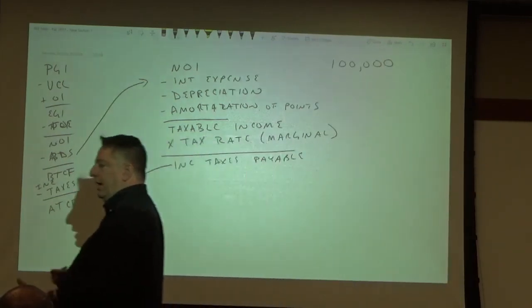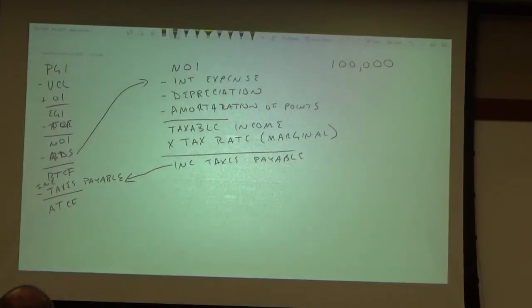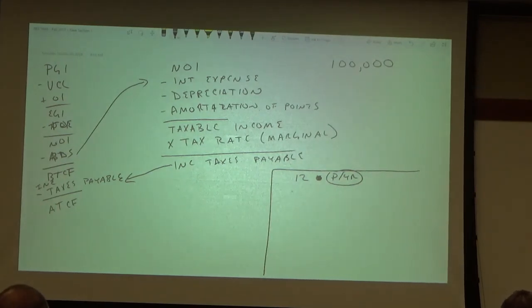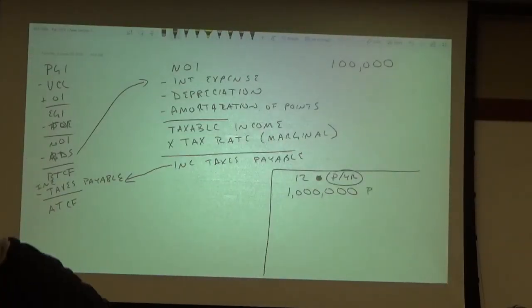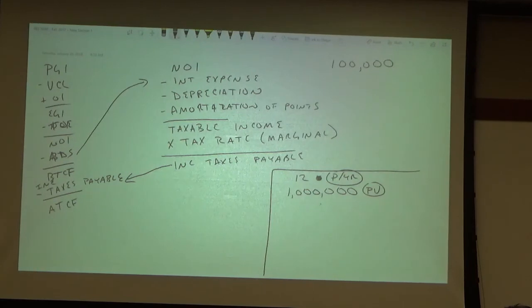So in this particular instance, let's say we've got 12 payments per year, and let's say our loan is a $1 million loan with a 5% interest rate.